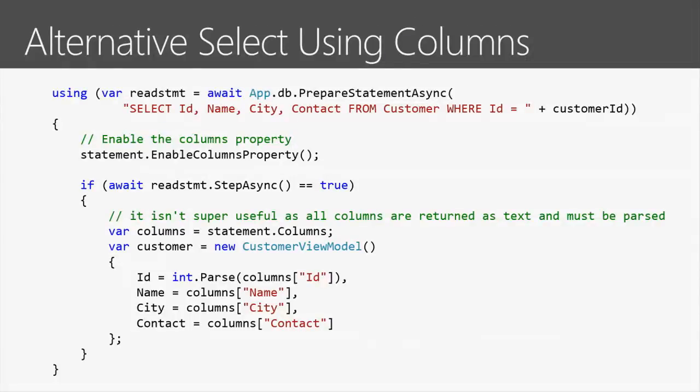Here we're doing the same thing, but we're getting the columns out of that statement, and it's like a string-value dictionary, which you use to pull the values out that you've got back from SQL. But as it says there, everything comes back as a string, which is kind of weird, which means you have to parse if you're expecting an integer and that sort of thing. But at least it gets rid of these magic numbers, which are not particularly great with the previous way.